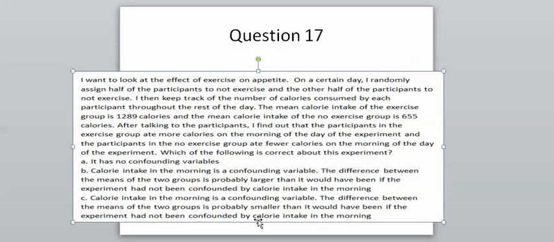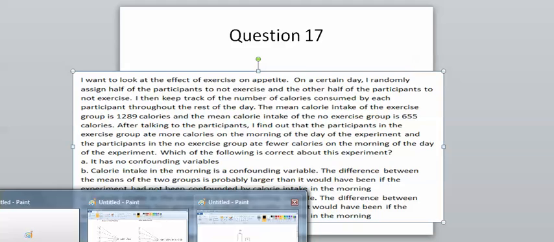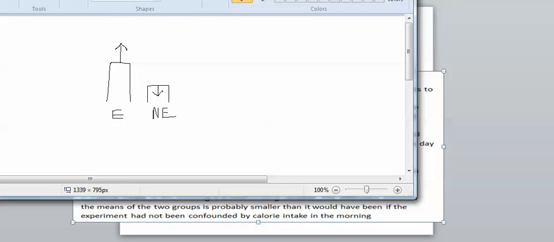What are we doing now? Now the participants in the exercise group ate more calories, and the people in the no exercise group ate fewer calories. So what's that going to do? Well, the people in the exercise group, if they eat more calories, they're less hungry.